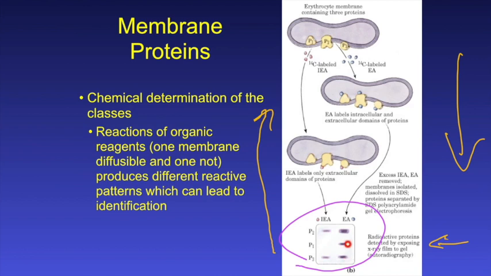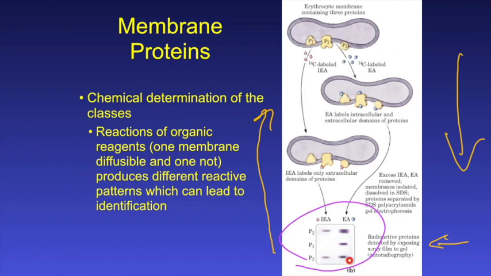If I look at these two proteins, they look pretty equivalent, right? But what about this one? That looks much darker, doesn't it? It looks like in relationship to these two, this one got labeled more. And if I'm looking at the relationship of these two, they reacted about similarly.